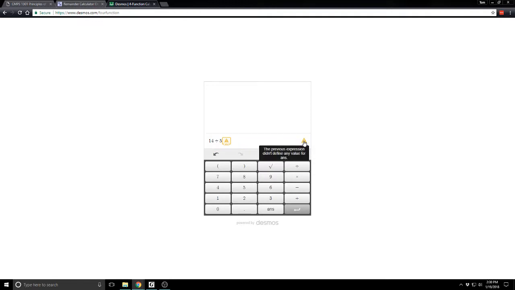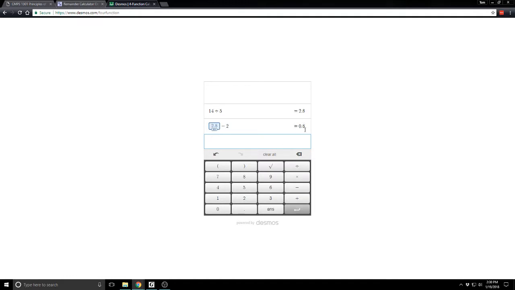All right, 14 divided by 5. And then get rid of this whole number part. So on a regular calculator, you would just do that minus the whole number part, the part to the left of the decimal place. You get 0.8.